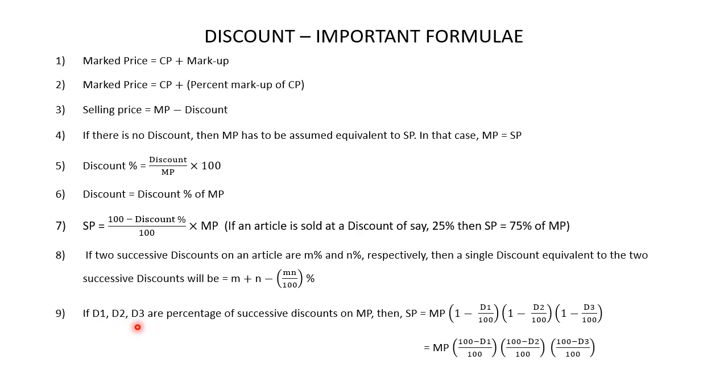If D1, D2, D3 are percentage of successive discounts on the marked price, then selling price is equal to marked price multiplied by 1 minus D1 by 100 multiplied by 1 minus D2 by 100 multiplied by 1 minus D3 by 100. This is nothing but selling price is equal to marked price multiplied by 100 minus D1 by 100 multiplied by 100 minus D2 by 100 multiplied by 100 minus D3 by 100. Now memorize all these formulae because these formulae will help you to solve problems on the topic discount.